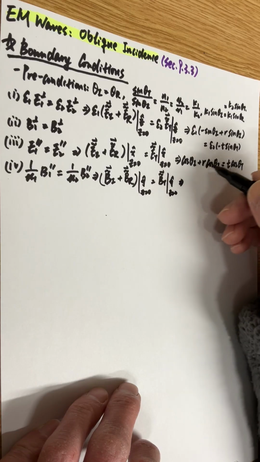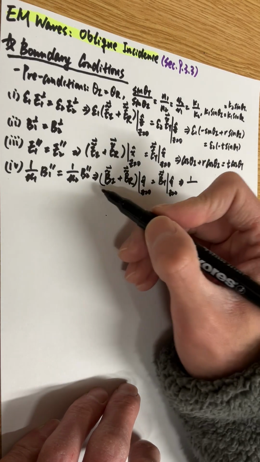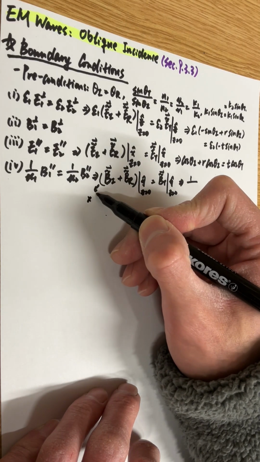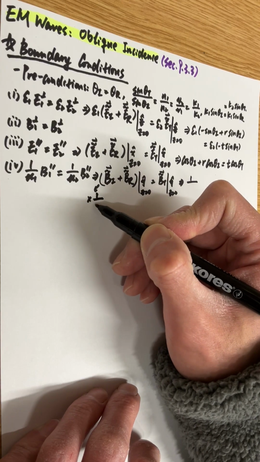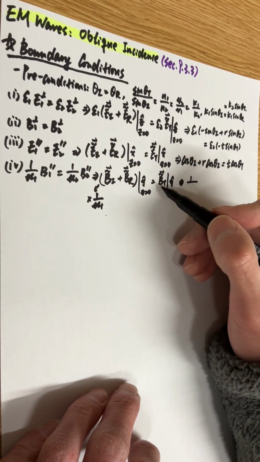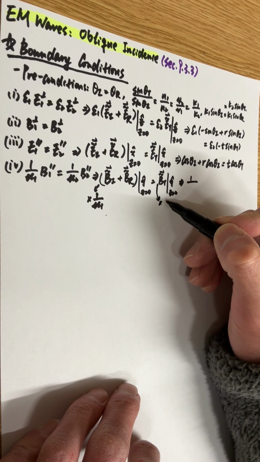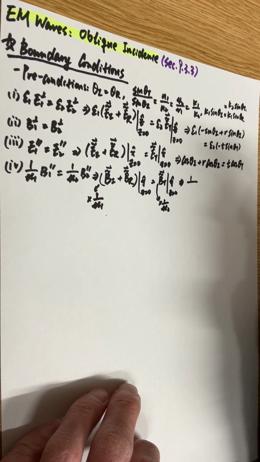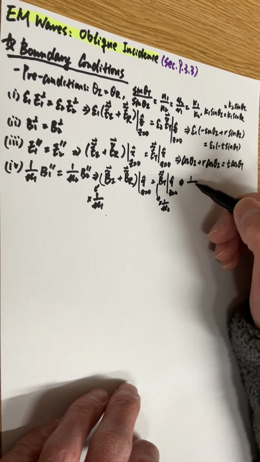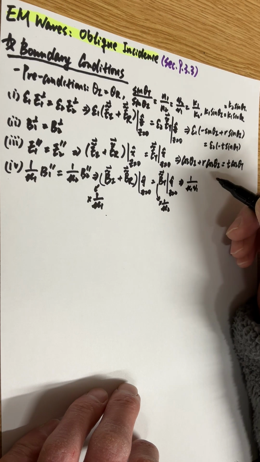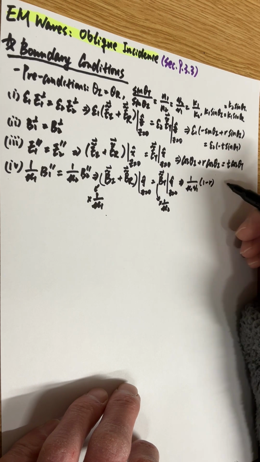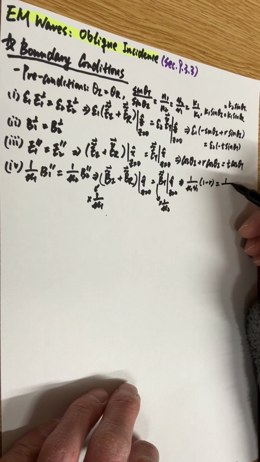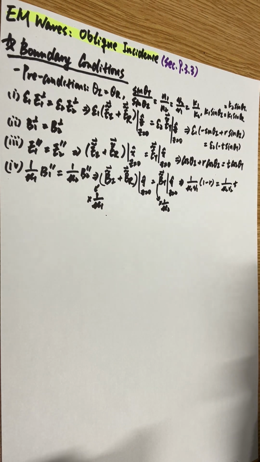This leads to, on the left hand side, multiplying 1 divided by mu1, and on the right hand side, 1 divided by mu2. So now we have, on the left hand side, mu1 v1 and then 1 minus r equals 1 divided by mu2 v2 t. Okay.